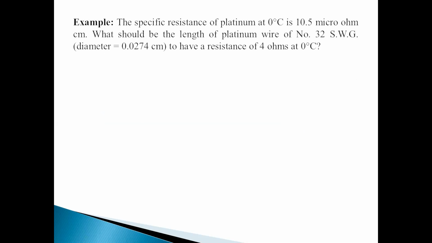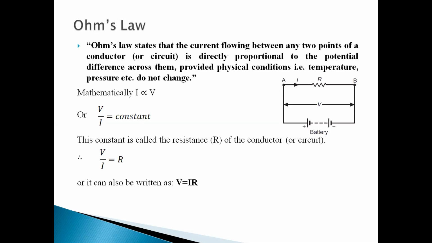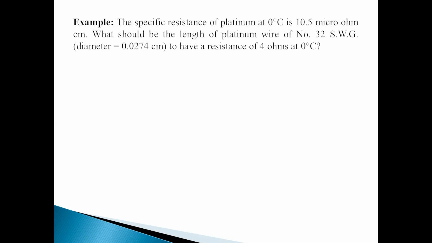To understand resistance and use these formulas, we have one numerical. It says: the specific resistance of platinum at 0 degree centigrade is 10.5 micro ohm centimeter.